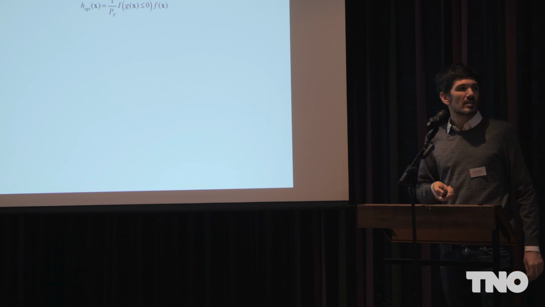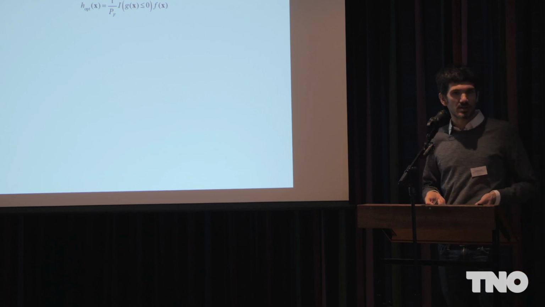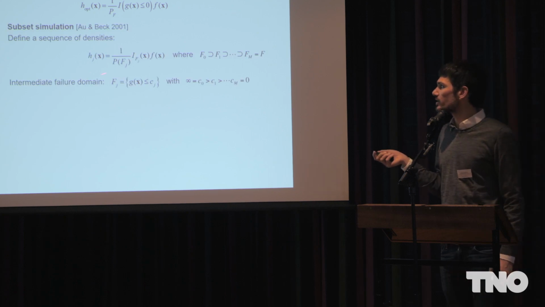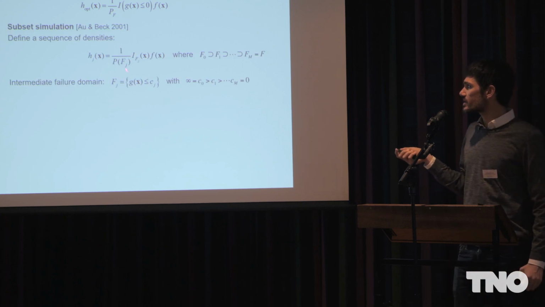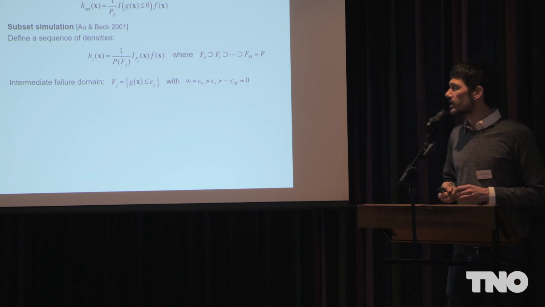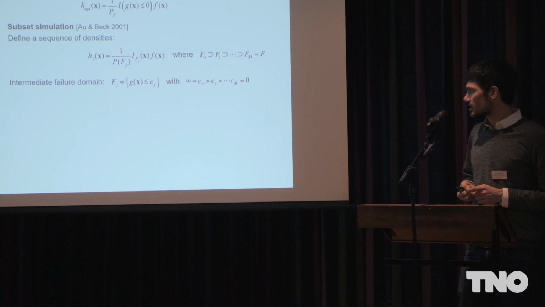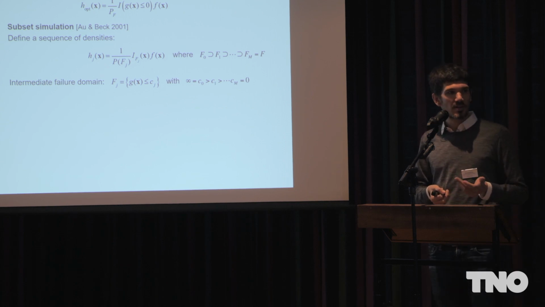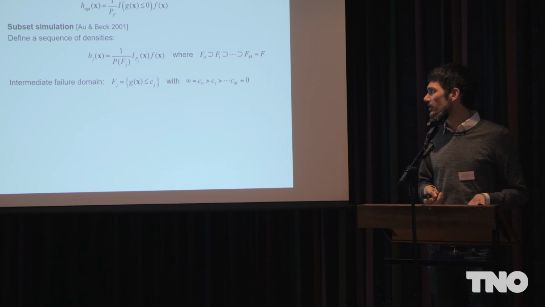Now, let's look at how to choose these distribution sequences. One possible choice is to choose the sequence by using the optimal importance sampling densities from a sequence of reliability problems with nested failure domains.